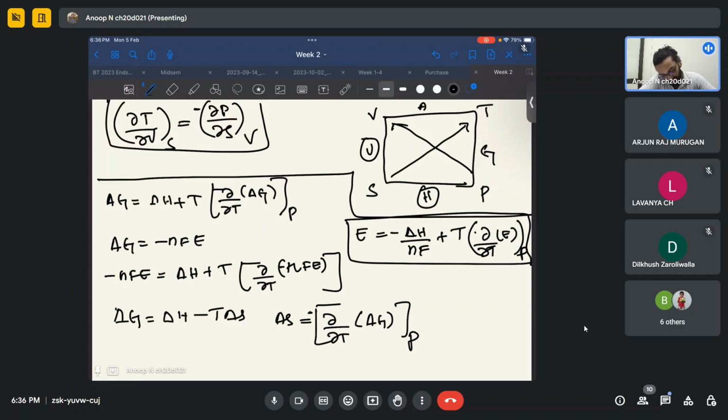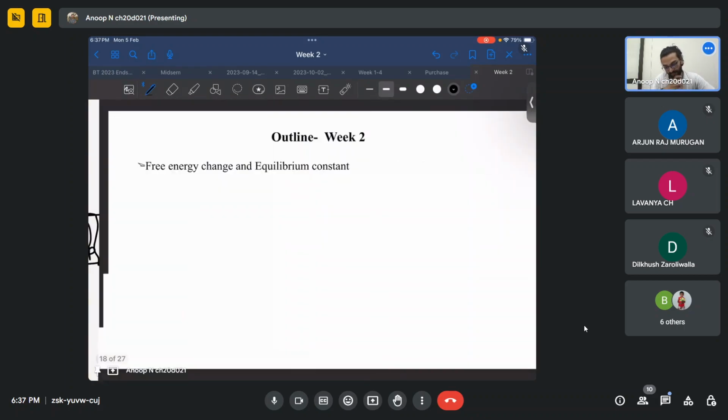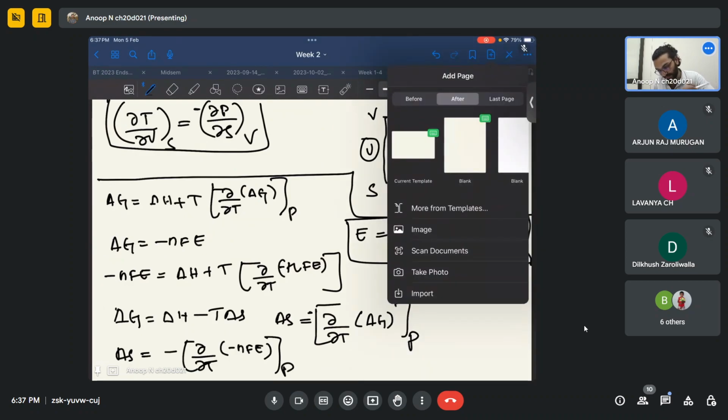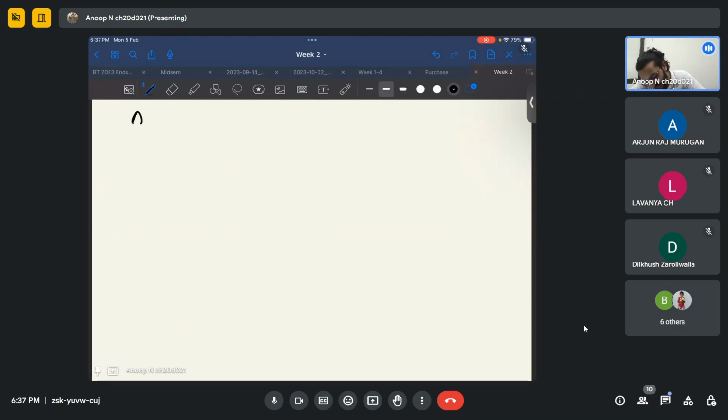So we can write ΔS is equal to minus (∂/∂T) of minus nFE at constant pressure. So ΔS is equal to nF (∂E/∂T) at constant pressure.